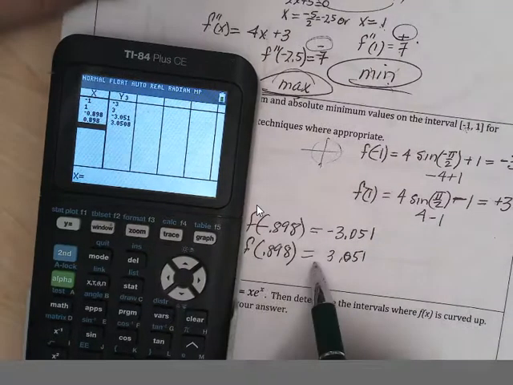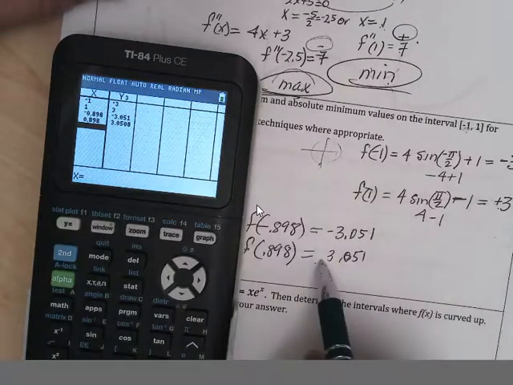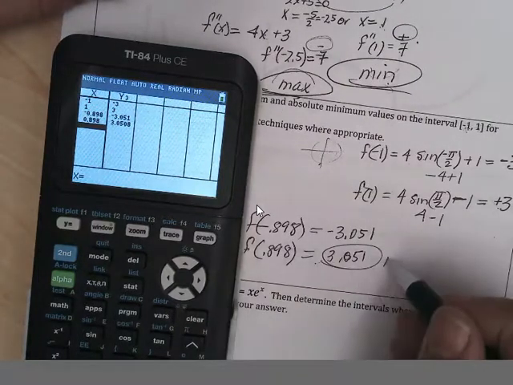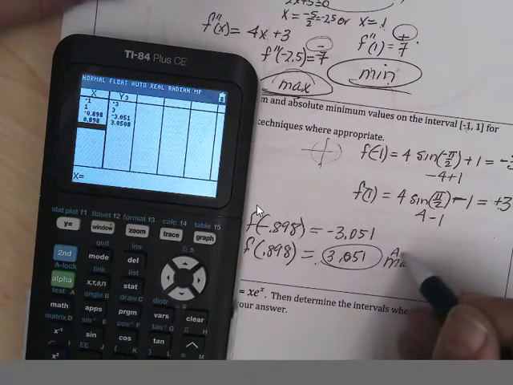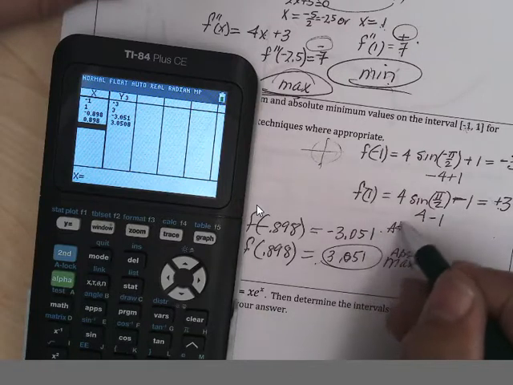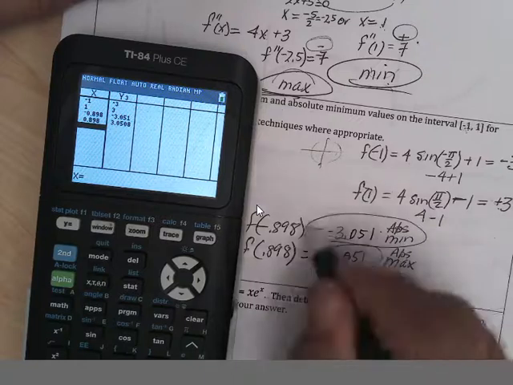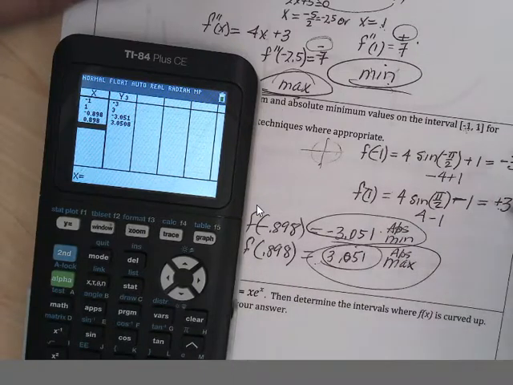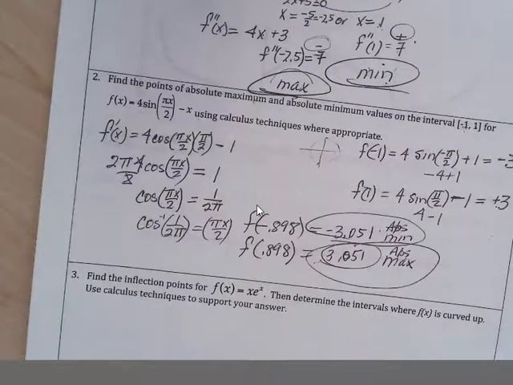So this is a little bit bigger than that. So there's my absolute max, and this is the absolute or global min. And these turn out to be neither. They're close, but not quite.